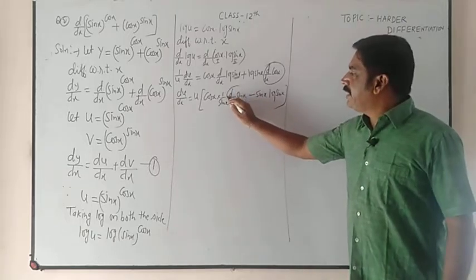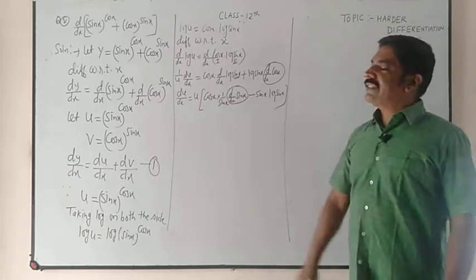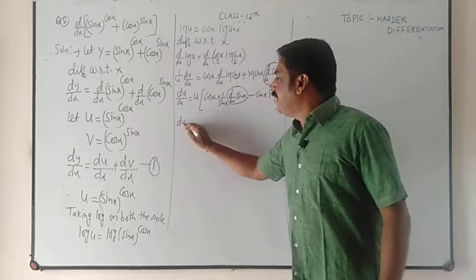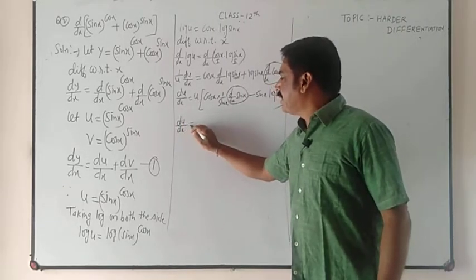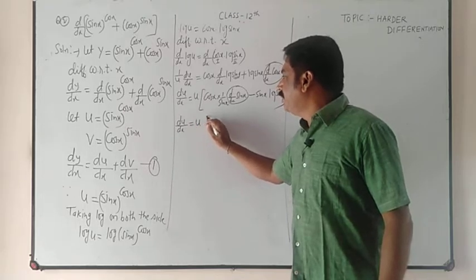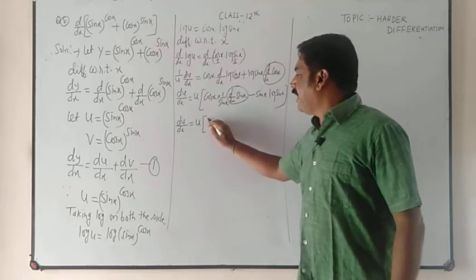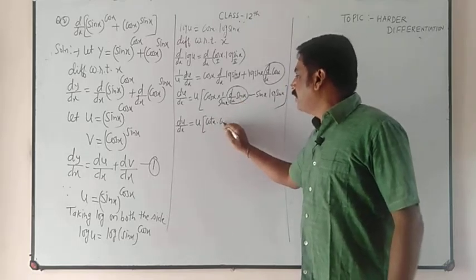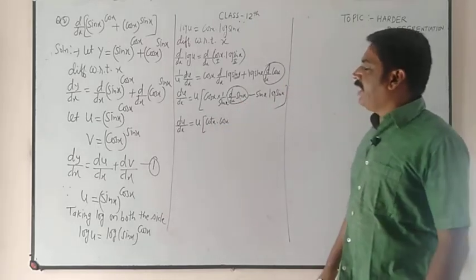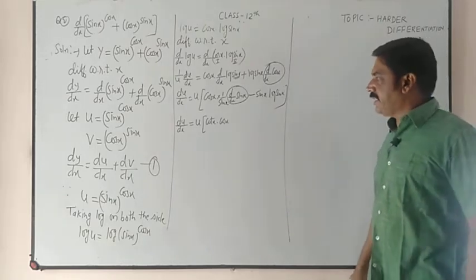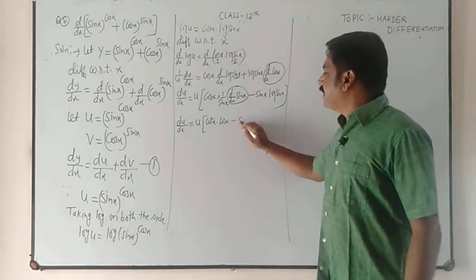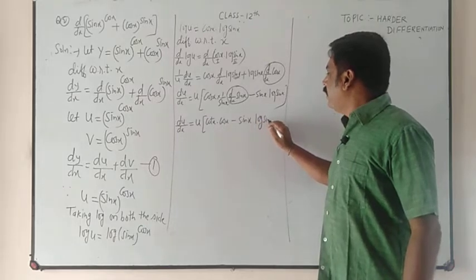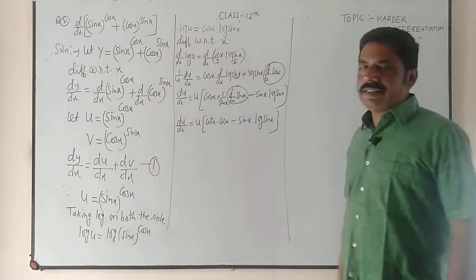Now differentiation of sin x is cos x, so du upon dx is equal to u, cos x upon sin x, cot x into cos x, cot x into cos x minus sin x into log of sin x.